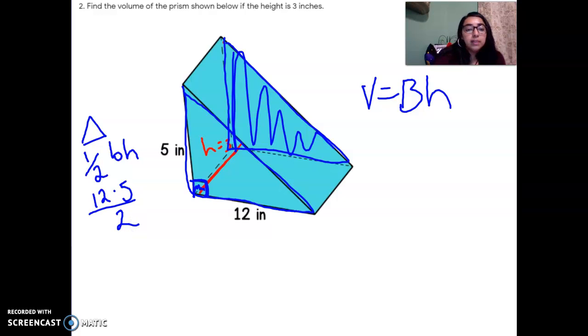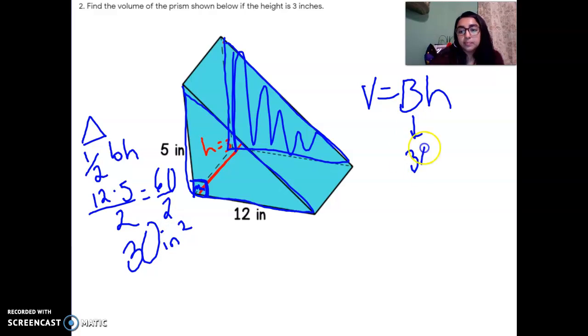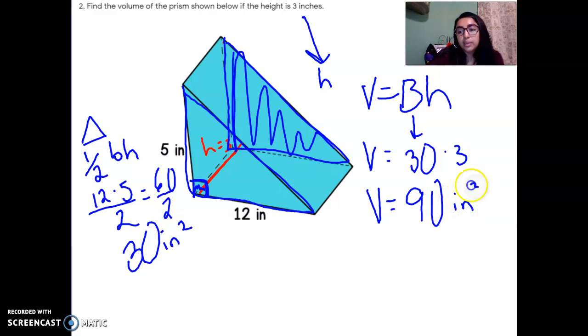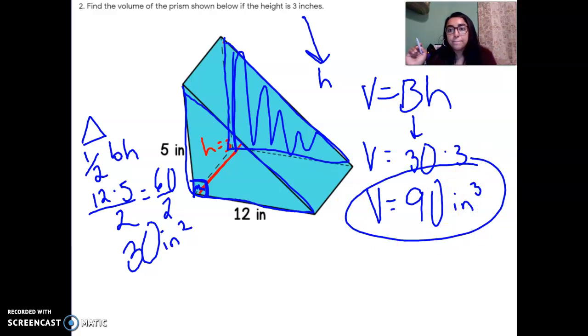So 12 times 5 is 60. 60 divided by 2 is 30. So the area of the base is 30. And then my height, it told me that it was 3. So 30 times 3 would give me a volume of 90 cubic inches for this one.